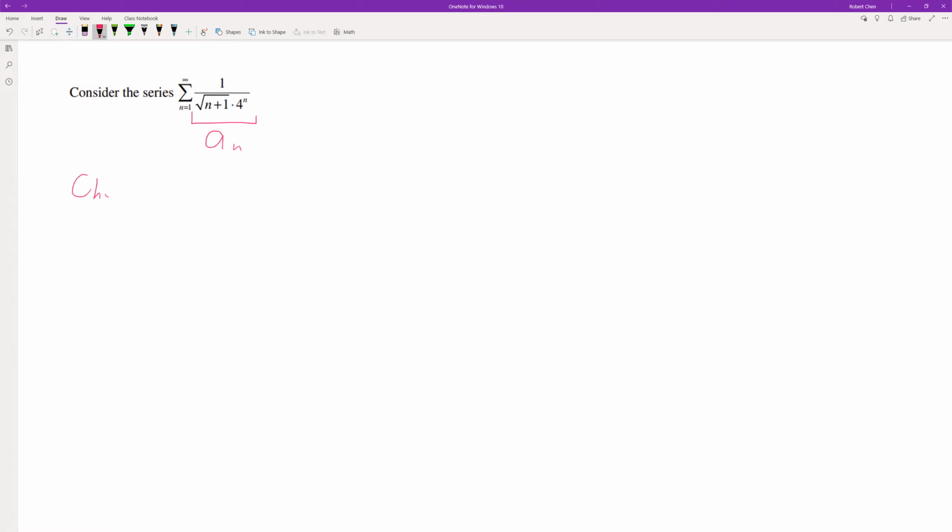Now we're going to choose BN to be 1 over 4 to the n, since as n gets larger, 4 to the n is much larger than square root of n plus 1. So the 4 to the n power outgrows square root of n plus 1 as n gets large.